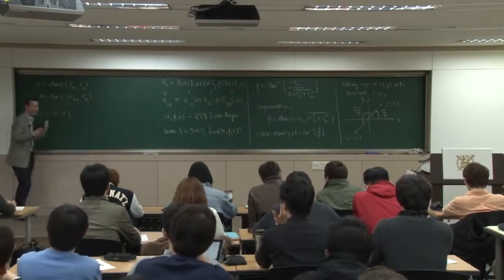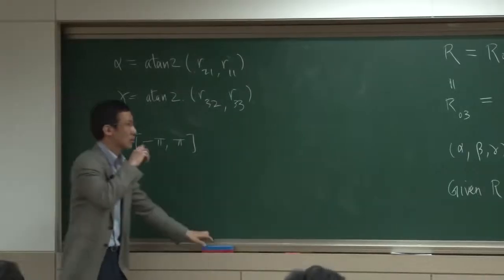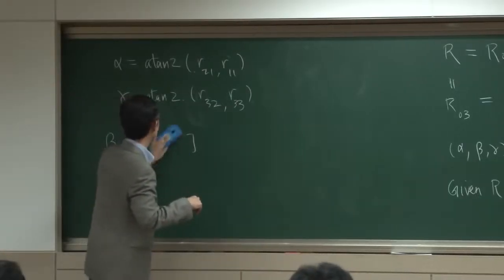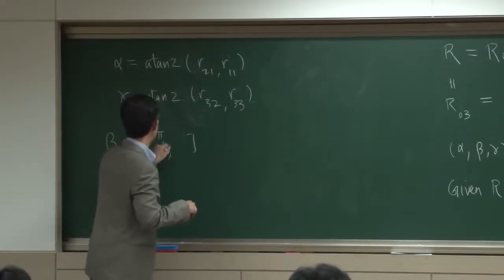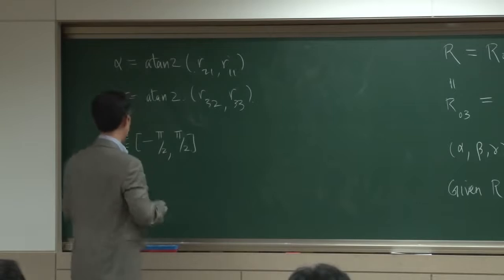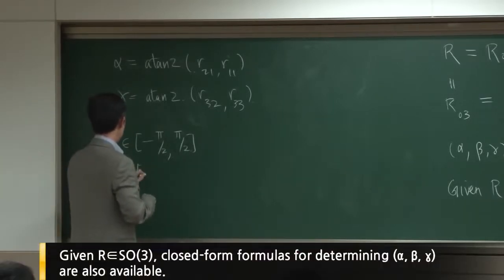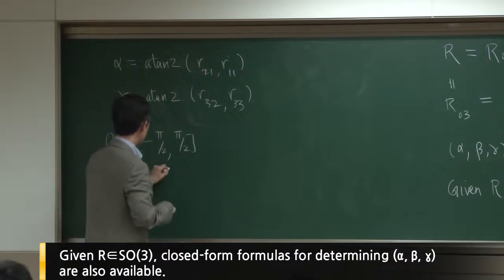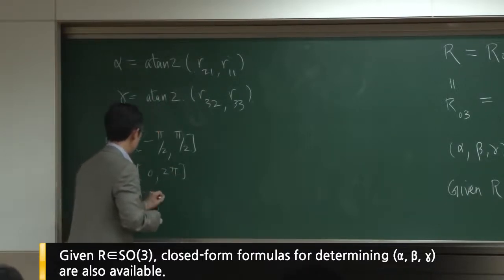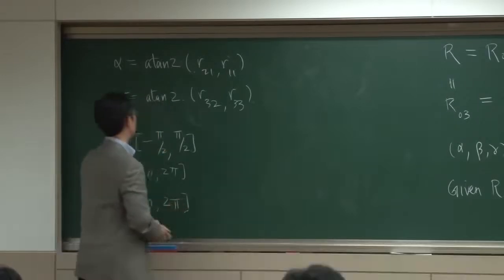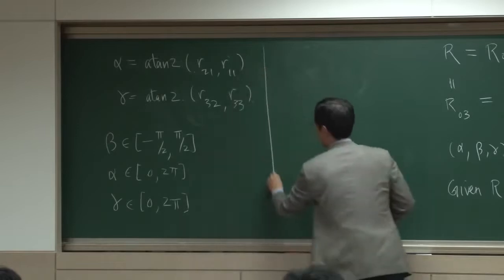So beta is between minus pi over 2 and pi over 2, and alpha and gamma are both between 0 and 2 pi.